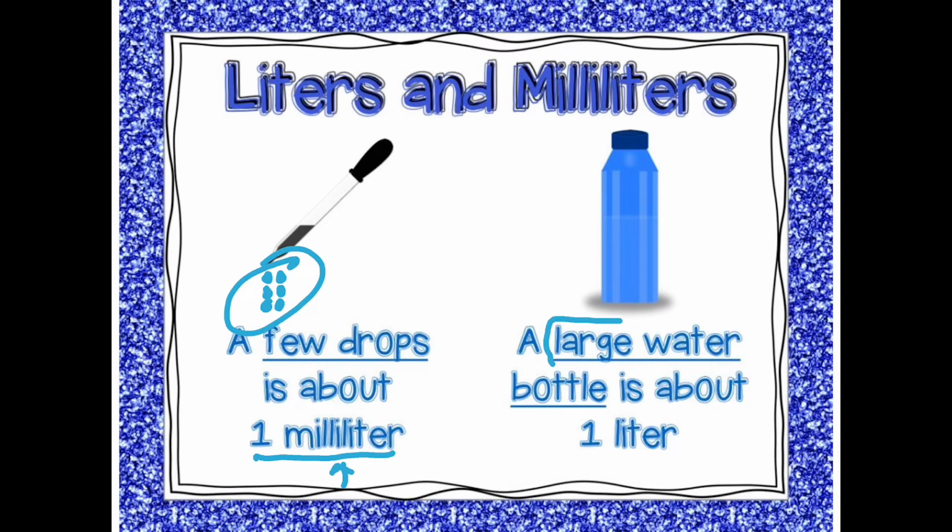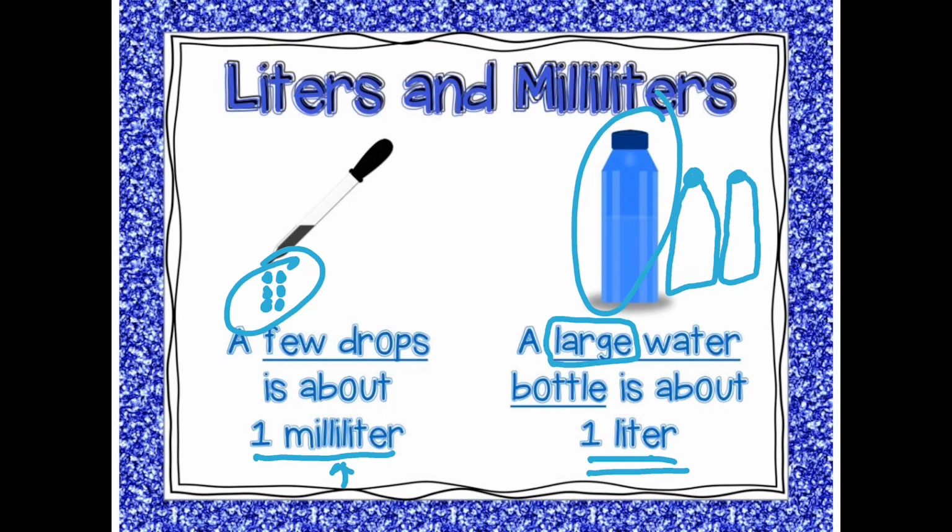A large bottle of water, not a normal bottle of water that maybe you get at Costco, right? A large bottle of water is equal to 1 liter. So if I had two smaller bottles of water, here's my bottles of water. I know I'm not a very good drawer. Sorry, guys. If I had two smaller bottles of water, that would be equal to 1 liter. Okay, but a large bottle of water is equal to 1 liter.